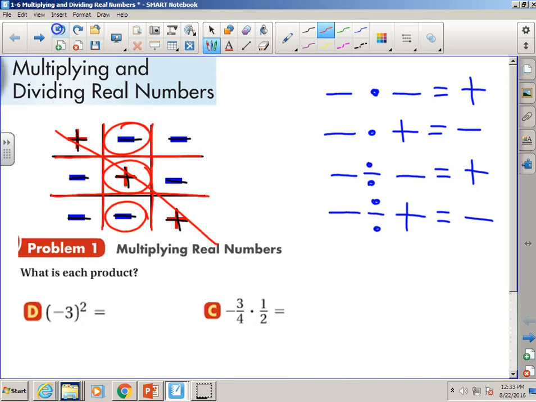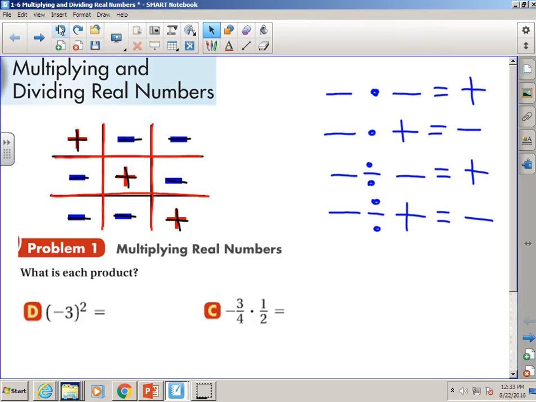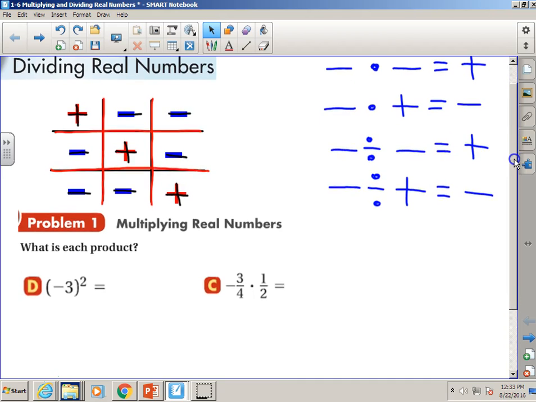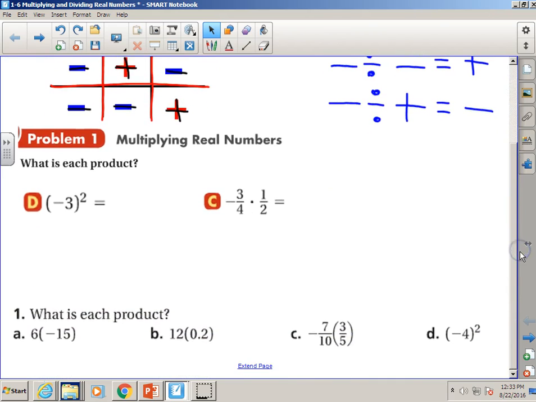Or you could go this way too. Isn't positive times a positive a positive? Okay, so this works, and it's a help. It sometimes can relieve stress if you're remembering so many different rules in math and you want to just jot this tic-tac-toe down really quick. You have it there, you access it, and believe me, you will remember it. Okay? All right, let's start doing some examples.